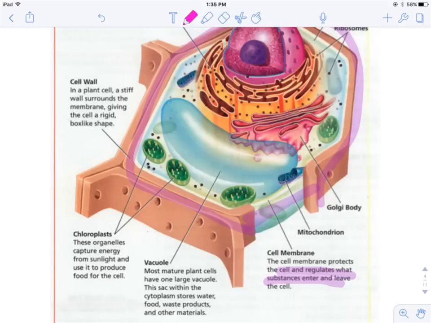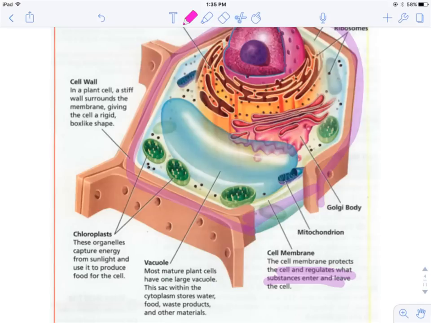Some other parts that a plant cell may have include the chloroplasts. These are the chloroplasts, and they are organelles that capture energy from sunlight and use it to produce food for the cell. You also see this very large organelle, and this is a vacuole. The vacuole is found in most mature plant cells, and they just find one large vacuole.